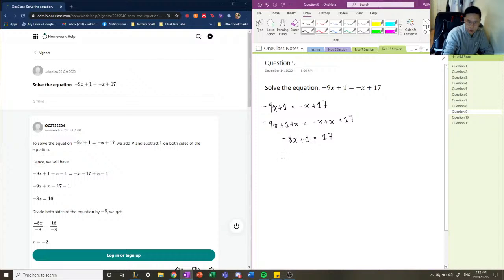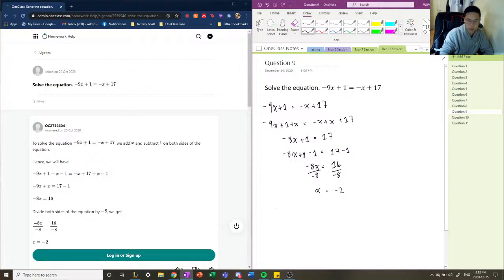Okay, we still see that there's a 1 here, so we're going to subtract 1 from both sides. And what we get is negative 8x equals 16. Finally, we need to get rid of this negative 8, so we're going to divide both sides by negative 8. Negative 8 and negative 8, and now we get x equals negative 2.